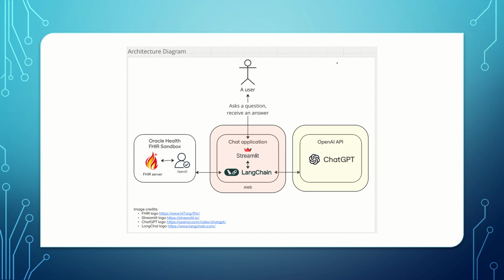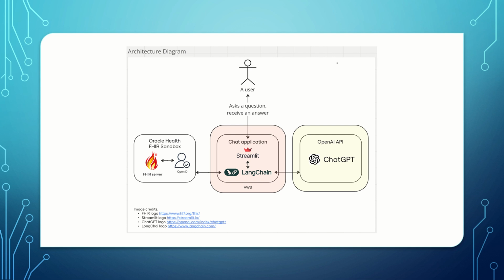So let's take a closer look at the architectural design. The chat application interface is built on top of Streamlit, an open-source Python framework for building and deploying interactive, data-driven web applications. Through RAG, Retrieval Augmented Generation, the system pulls FHIR data and feeds LLM contexts for questions.